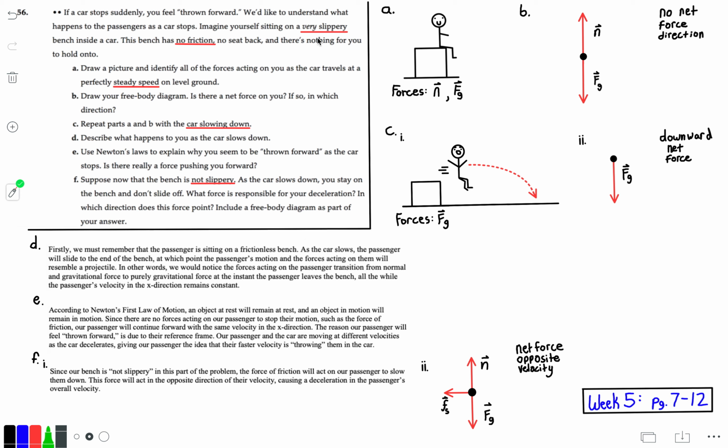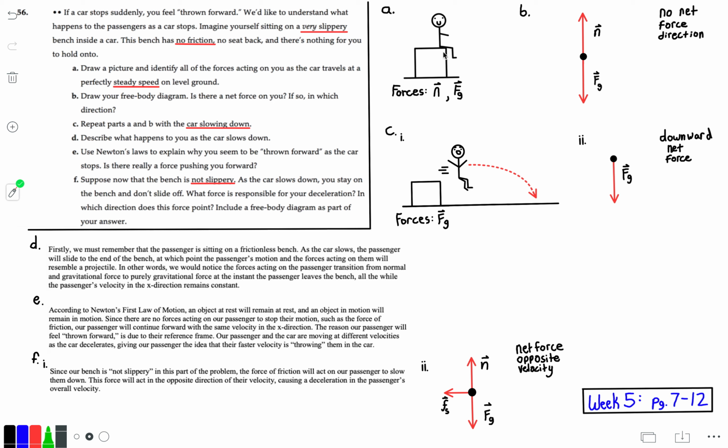I've underlined some of the givens here. It's important to note that we're sitting on a very slippery box in this problem, which implies that there is no friction, as well as no seat back. So for this initial problem, we have our passenger right here, and they are traveling at a constant speed.